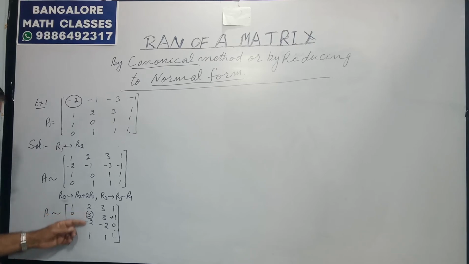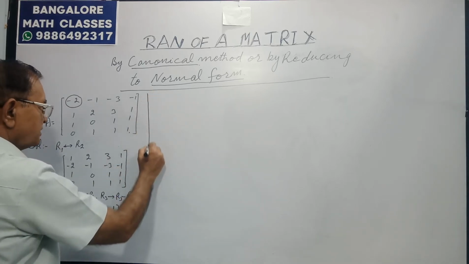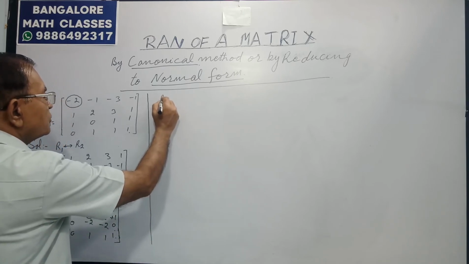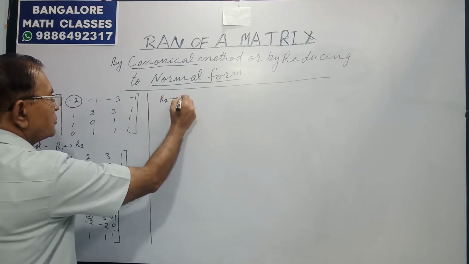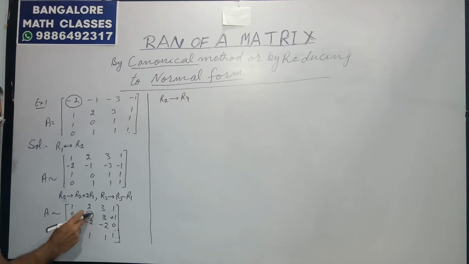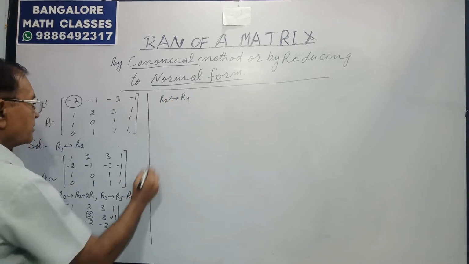Interchange R2 and R4. See what I am telling next. R2 to R4 to get 1 here, and R4 to R2.